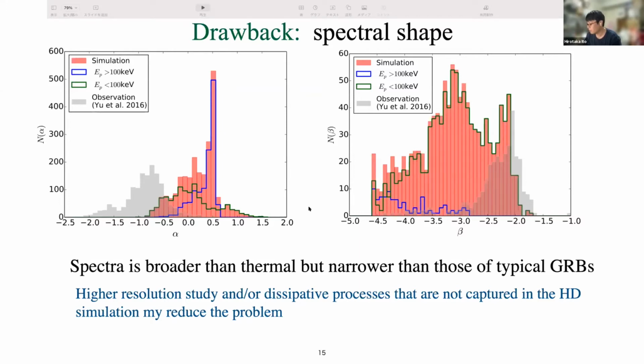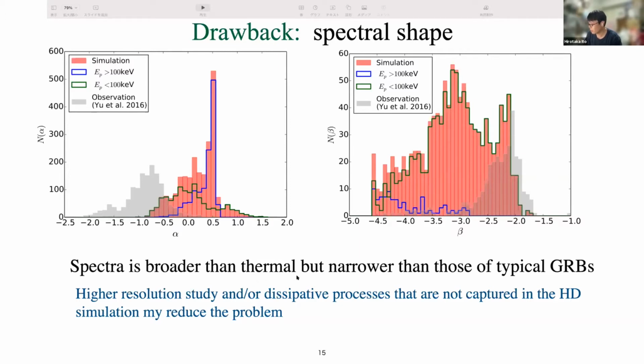So one possibility which may reduce this tension to some degree is to conduct a higher resolution simulation, which may give rise to further geometrical broadening effects.